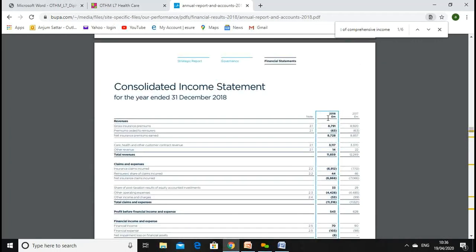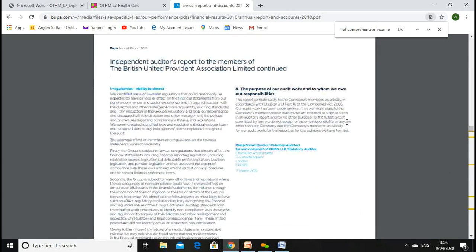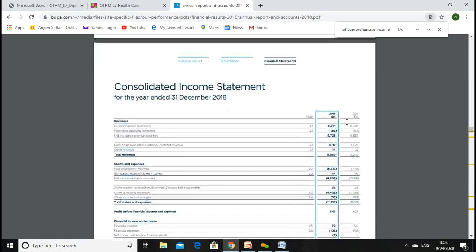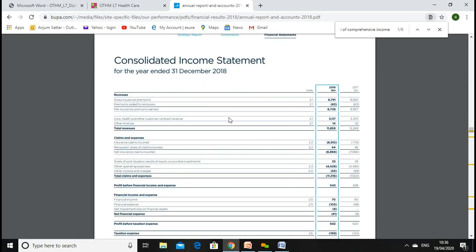If you go back to here, you can see their income statement. Going further back, they have a total revenue from different activities, which went down.